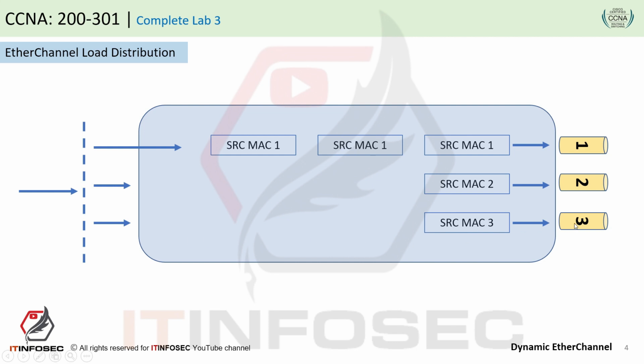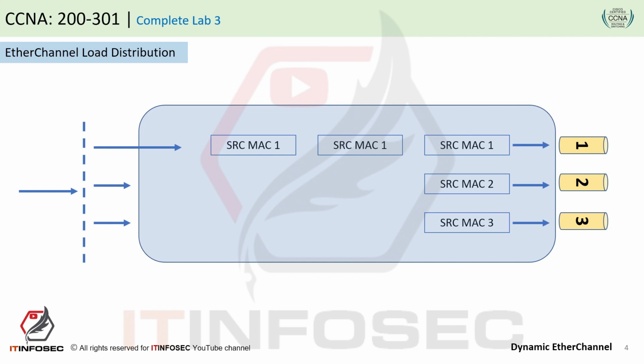Well, but what about the load distribution? Cisco offers a range of load distribution options to enable engineers to analyze network flows and identify fields with diverse values, such as source and destination MAC addresses, IP addresses, or transport layer port numbers.